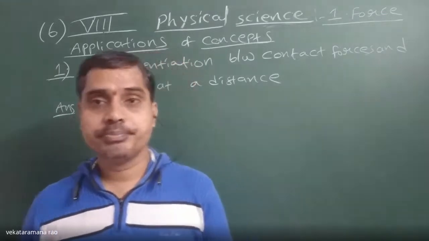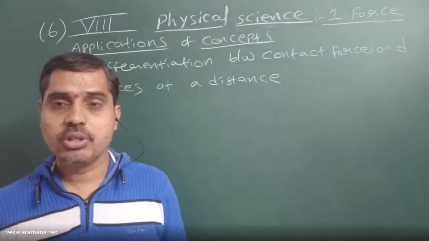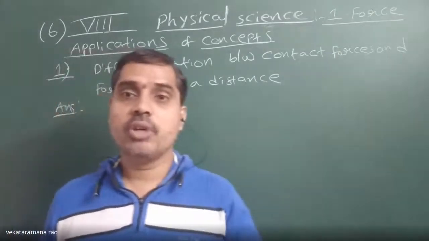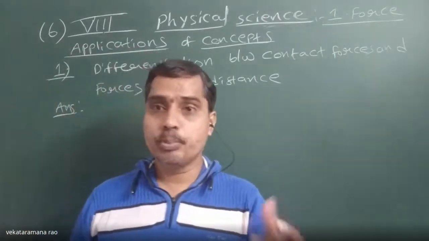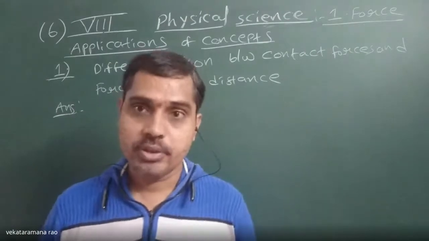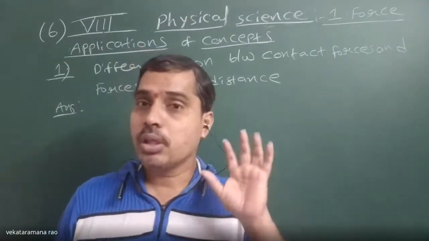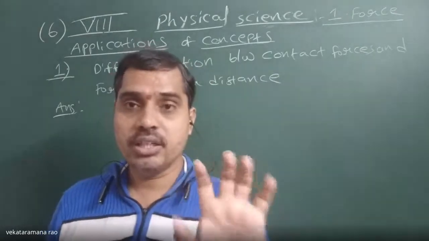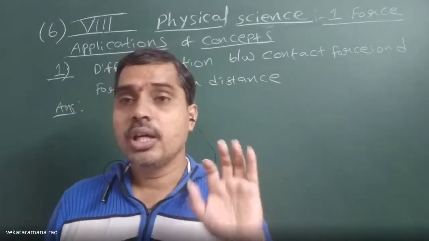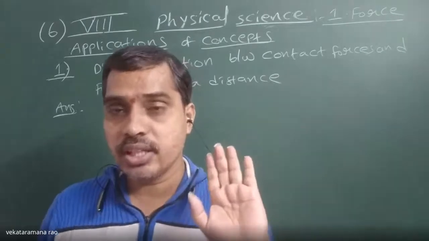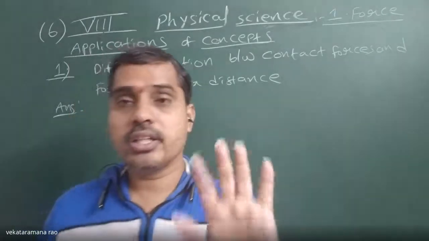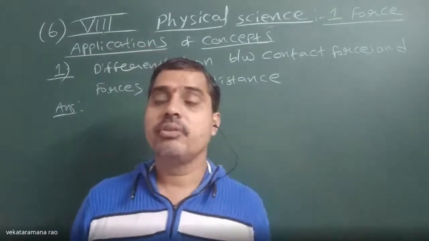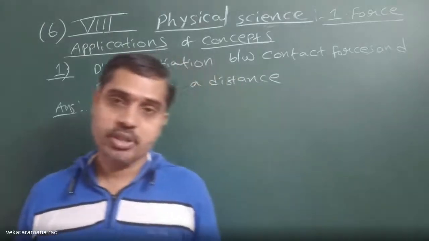So, an example of contact force is muscular force. If you want to push or pull any object, then we have to touch that body with the help of your hand or anything else, and only by direct physical contact will we apply the force.